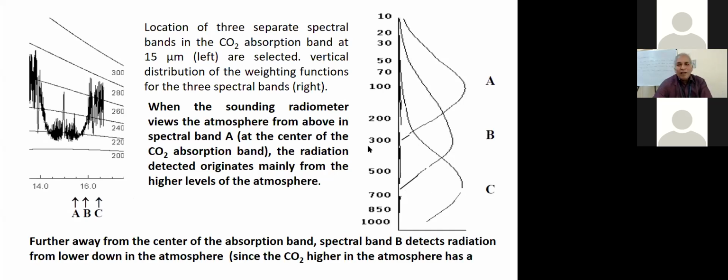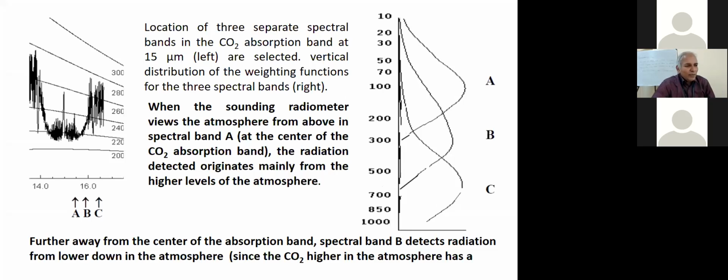Now our life would have been much easier if I measured at 10 wavelengths and each of these 10 weighting functions had no overlap, each corresponding to certain portions of the atmosphere. But the difficulty is that the weighting function of each absorption band is relatively thick and extends over a relatively larger portion of the atmosphere.